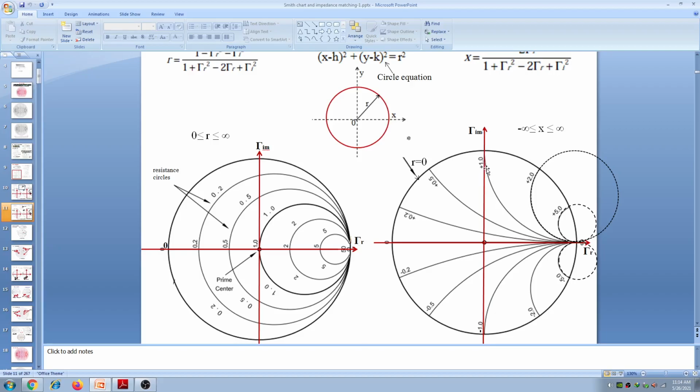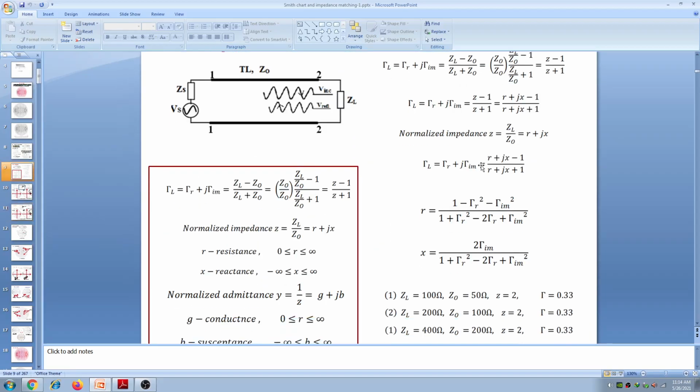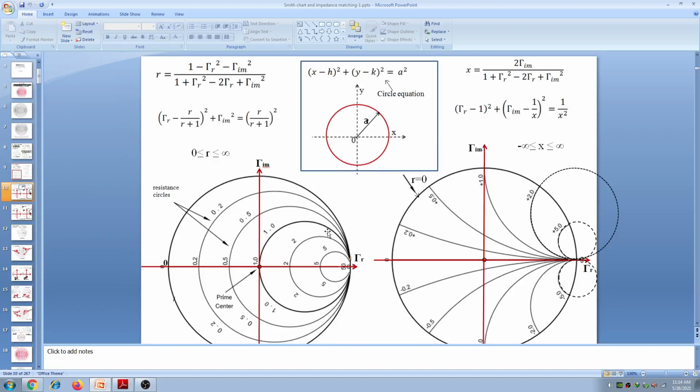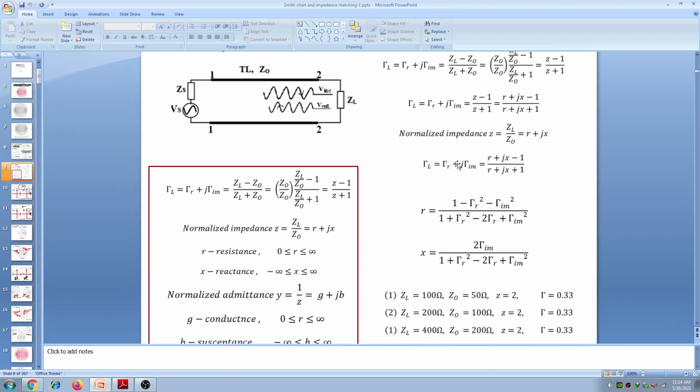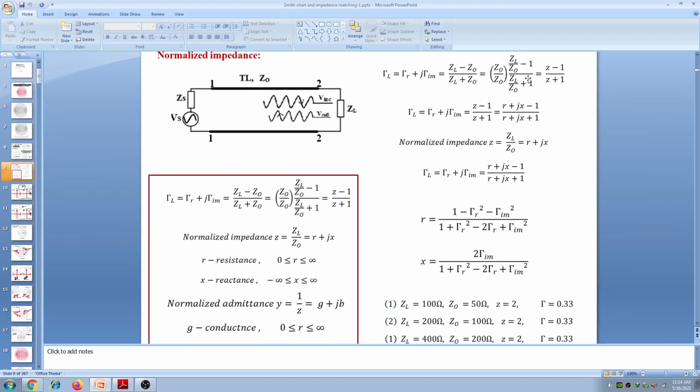Similarly, this is a 1. Reactance values are written here. Okay. So this reactance and resistance are after normalized impedance. So from this we got tau related to normalized impedance, the reflection coefficient, because z is r plus jx, the normalized impedance.